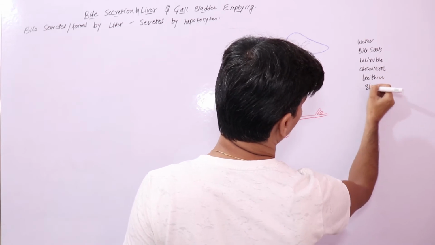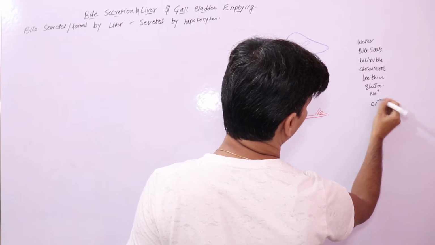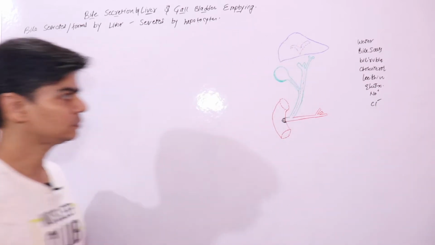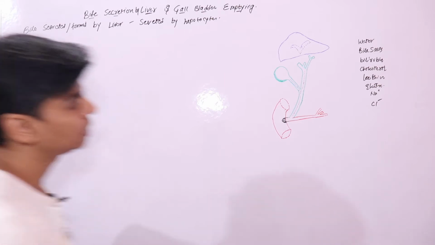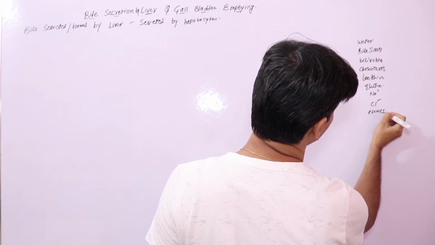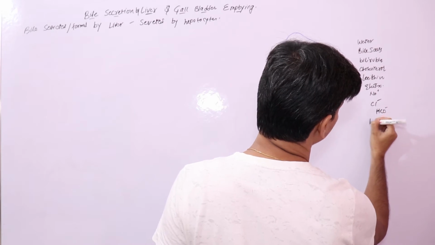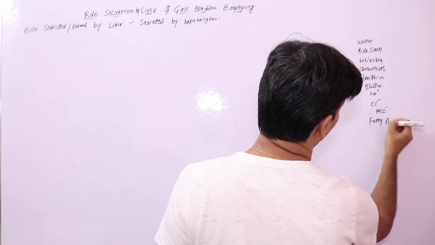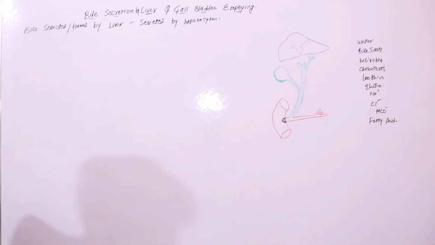Then you have electrolytes like sodium ions, chloride ions, and all of these are in your bile. You have fatty acids also, and bicarbonate ions. Each of these has a role to play in bile.